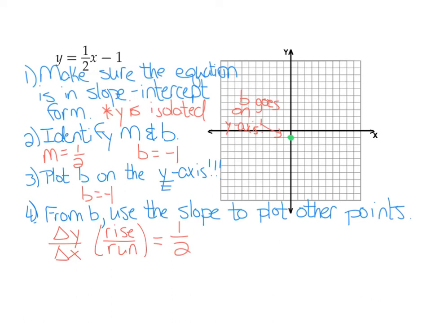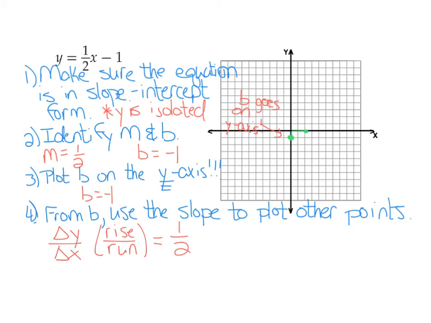The rise is 1, the run is 2. So what you do is you go back to B, you put your pencil on B, and we are going to rise 1. How do we rise 1? Well, we go up 1. So we're going to go up 1, and we're going to run 2. How do we do that? It's positive, so we're going to go right 2, and we have another point.